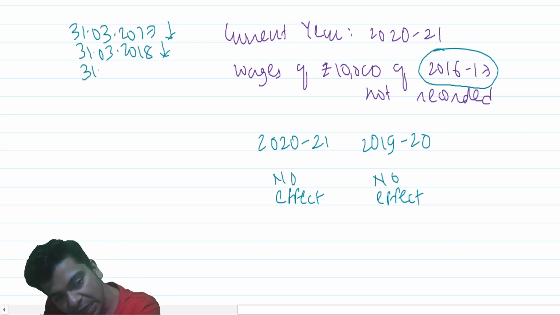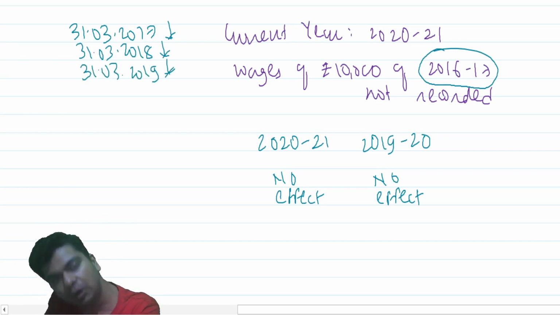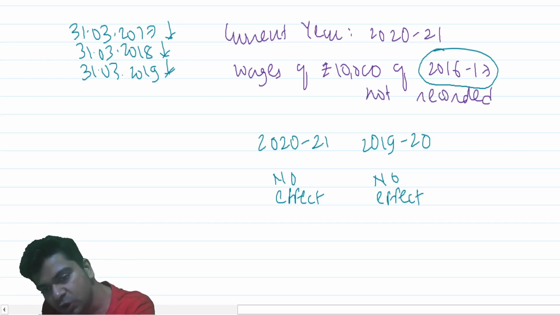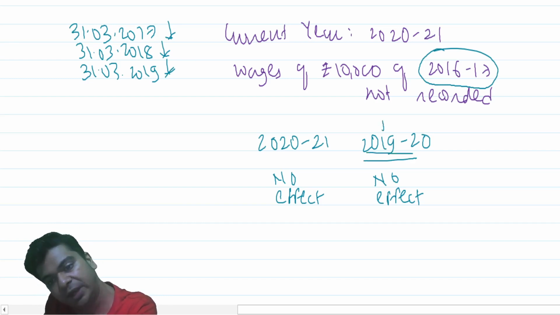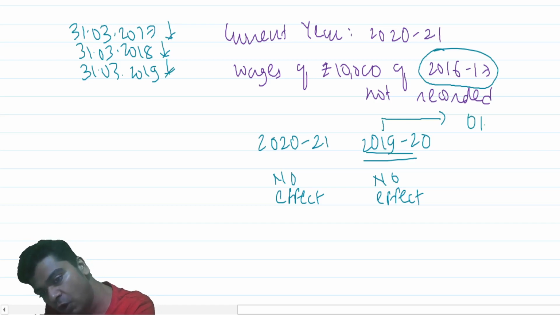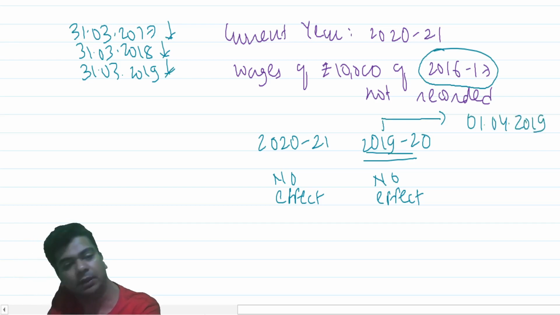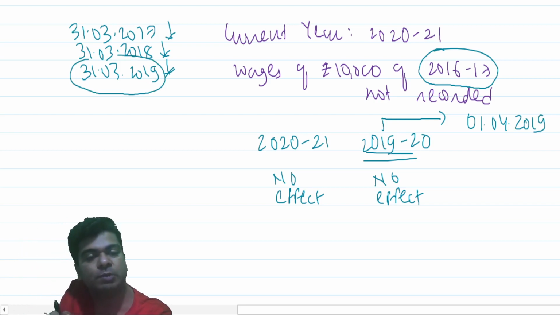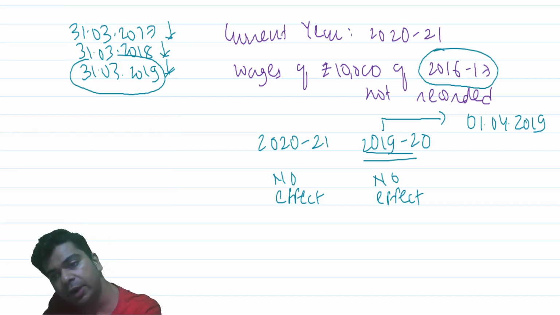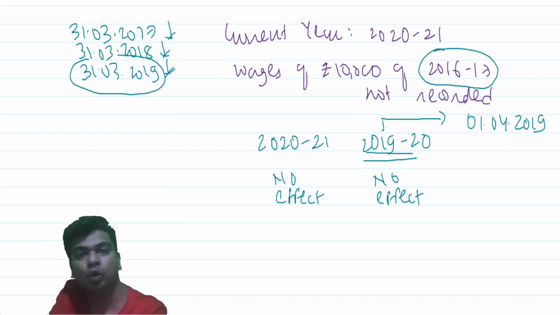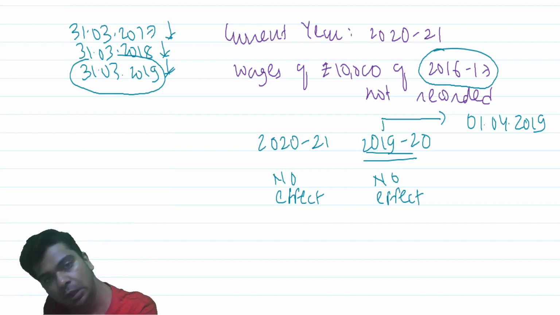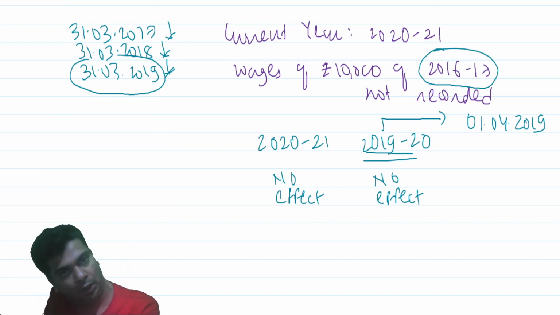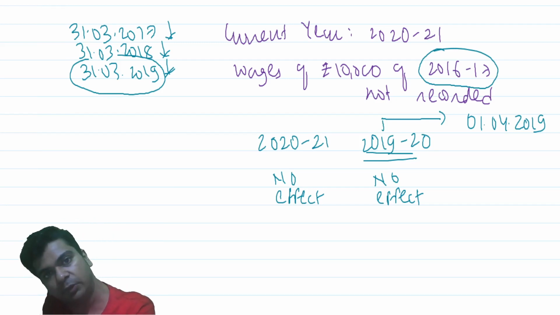Then the balance of 31st March 2019 will also go down. Now, this is your previous year, 2019-20, which begins from 1st April 2019. That's nothing but 31st March 2019. If the closing balance of 31st March 2019 reduces, accordingly the opening balance of 1st April 2019 will also reduce. You have to give the effect in the opening balances on 1st April 2019.